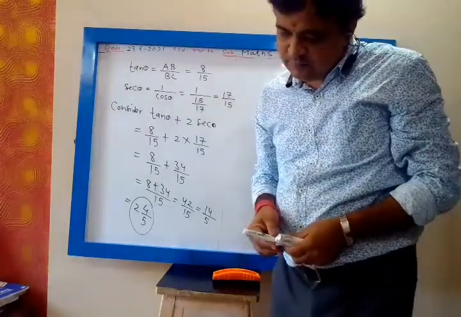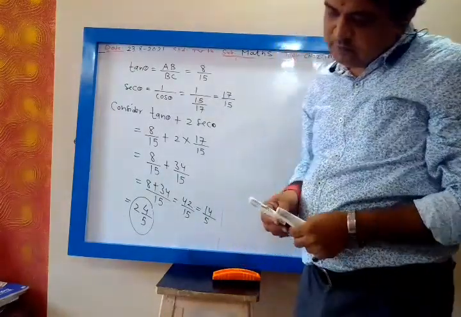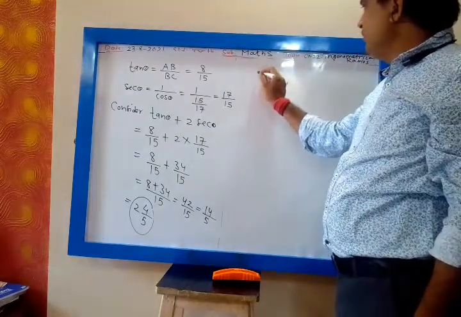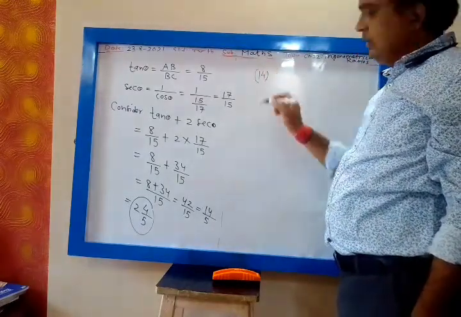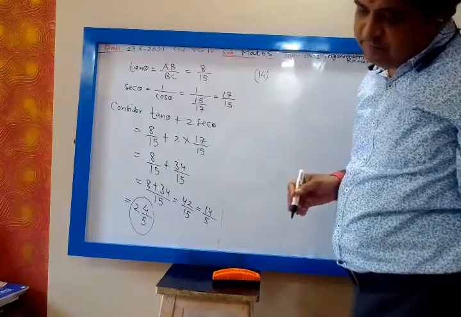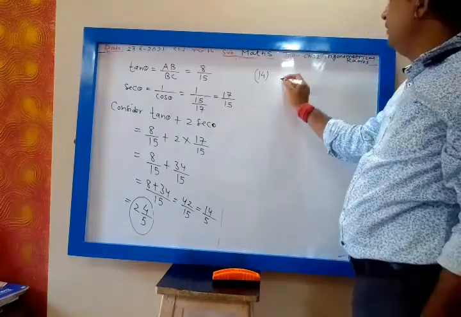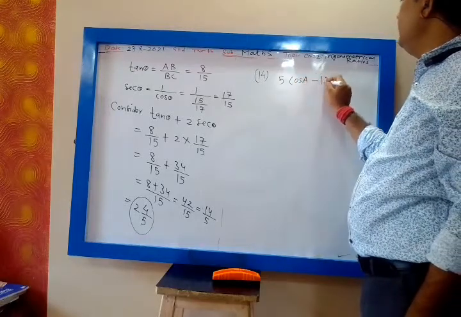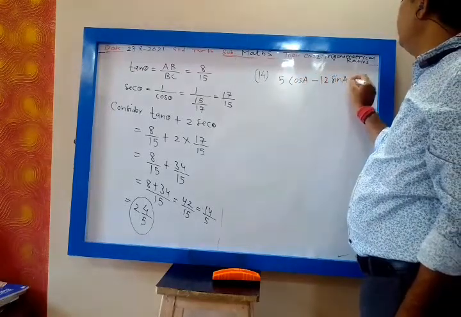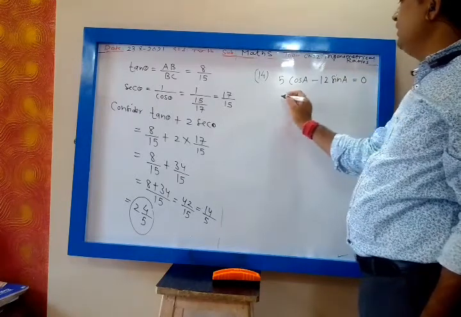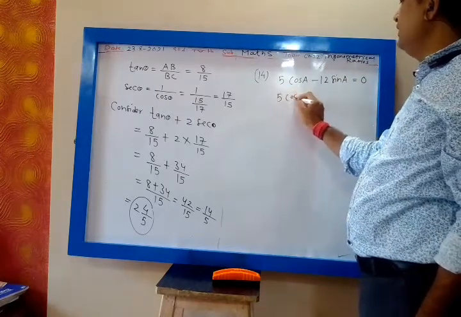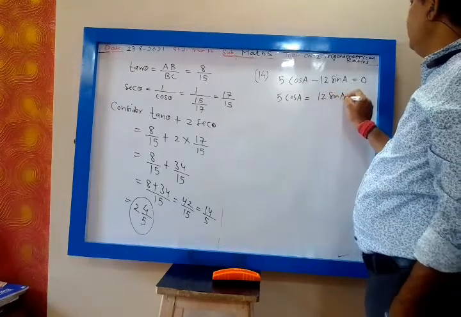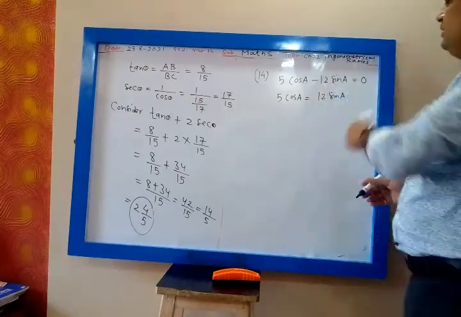Now 14th, given 5 cos A minus 12 sin A is equal to 0. So simplify this. You will get 5 cos A is equal to 12 sin A. Take minus 12 sin A on the other side.